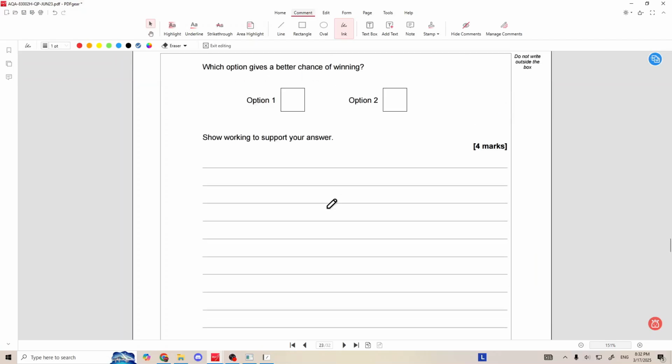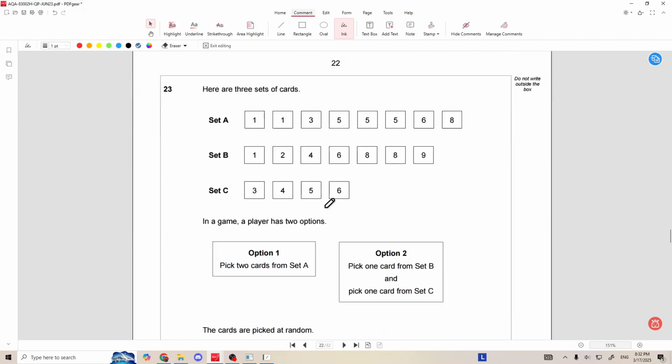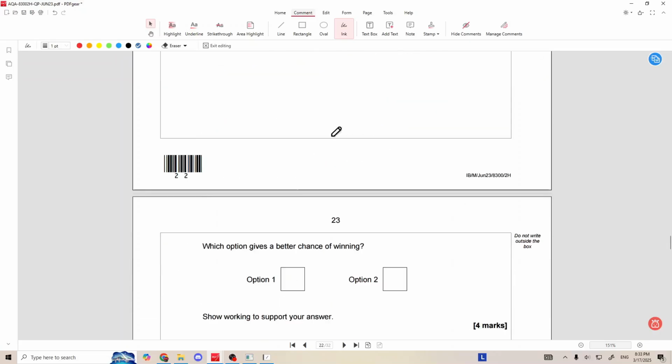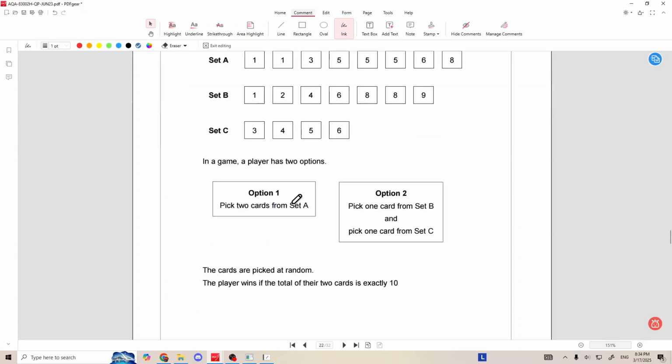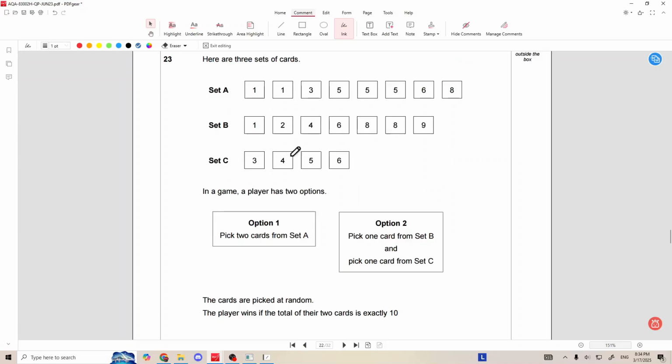Pick 2 cards from set A just means you have to pick 2 5s. That's the only way you can get exactly 10. Pick 1 card from set B and 1 card from set C. So you can pick a 4 and a 6, or a 6 and a 4. You can start off with either one of these two, but you must get one of the 4 cards from set C, so it's 1, 2, 3, 4, 5, 6, 7. 2 over 7 times a quarter, basically.